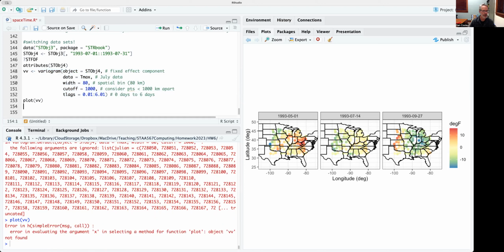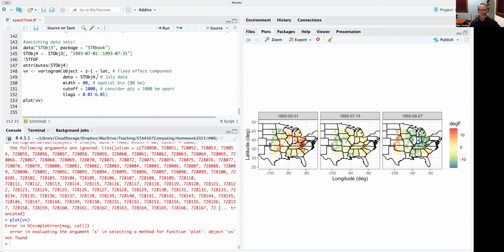Shoot. Okay, I'm going to have to make a correction here. I'm going to pause the recording. Okay, I think I've got it corrected.